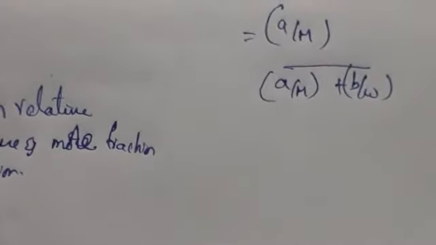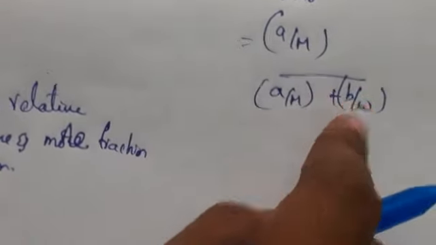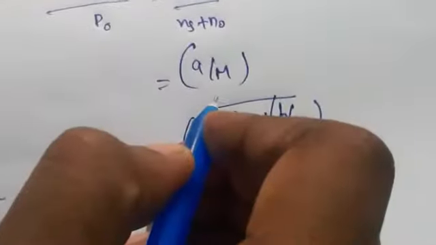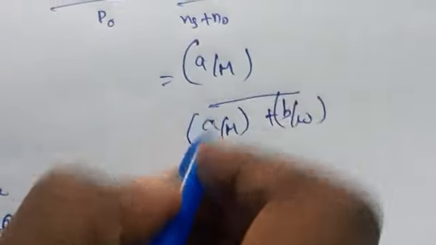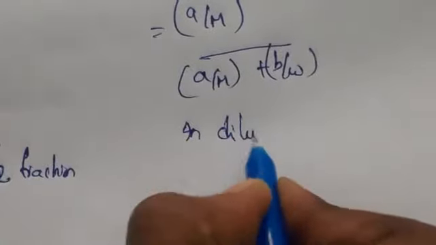In dilute solutions, the solute is taken in very small quantity compared to the solvent, which means the solvent is very large. What is a dilute solution?